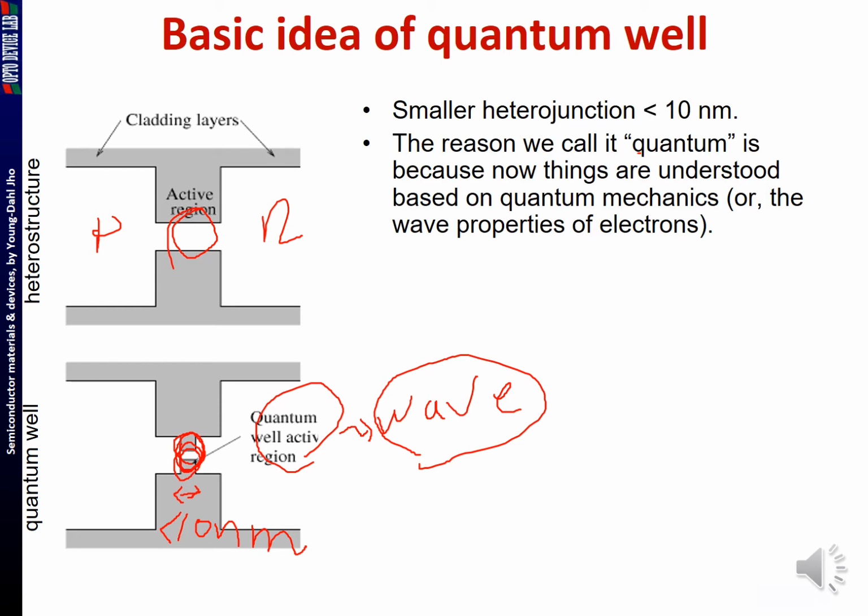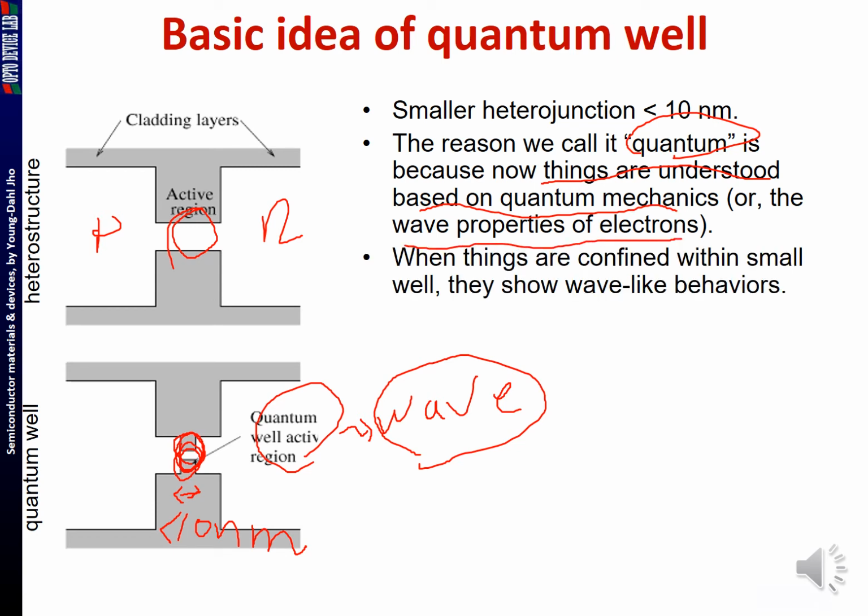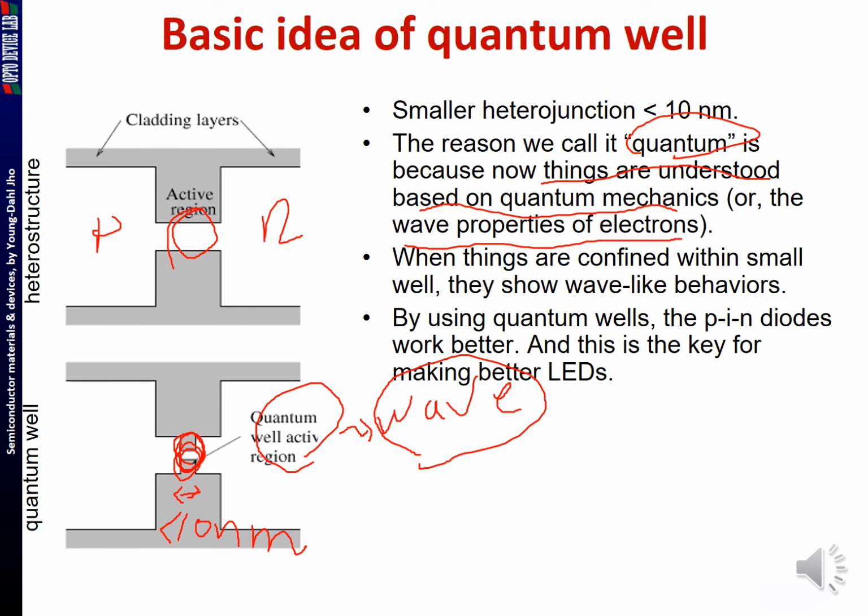The reason we call it quantum is that things are understood based on quantum mechanics, or the wave properties of electrons. When things are confined within a small well, they show wave-like behaviors. By using quantum wells, the PIN diode works better, and this is the key idea for making better LEDs. So any modern-day LED has this quantum confinement. Electrons are confined in quantum wells.